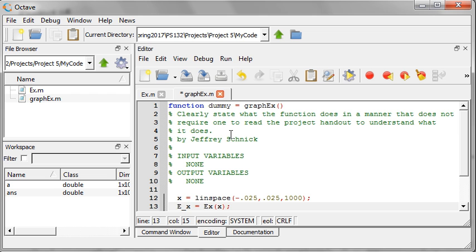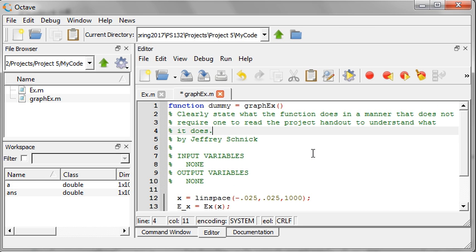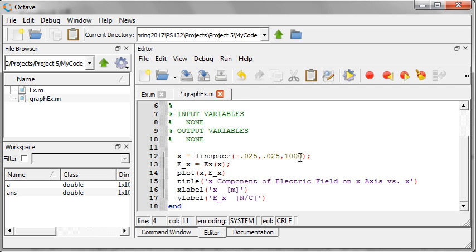I wanted to talk about what this function does. This function creates a graph of the x component of the electric field due to a line of charge as a function of x for x from minus 0.025 meters to 0.025 meters.